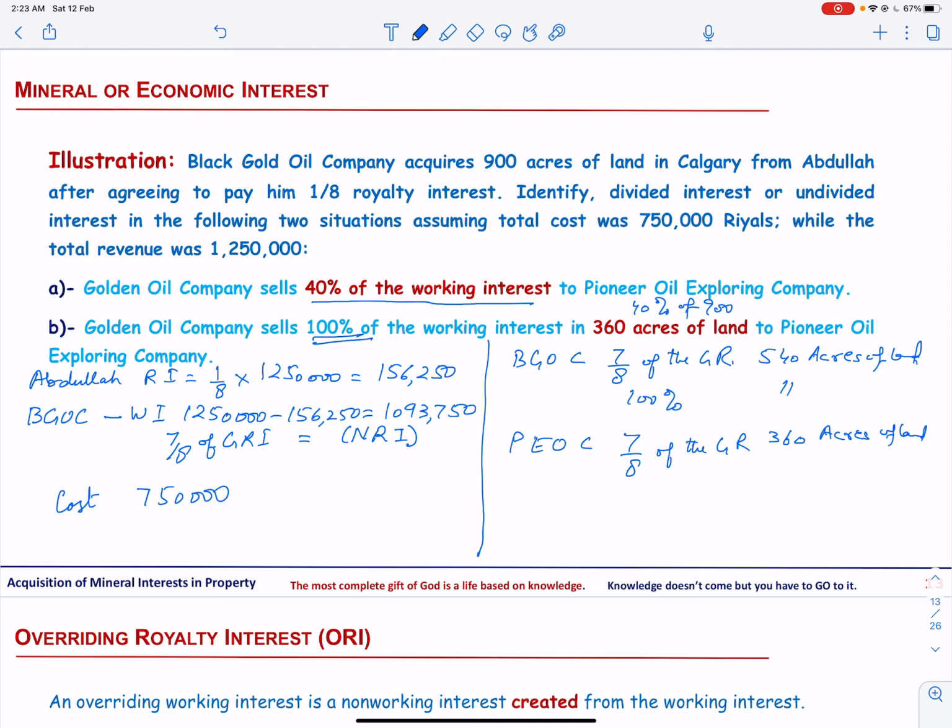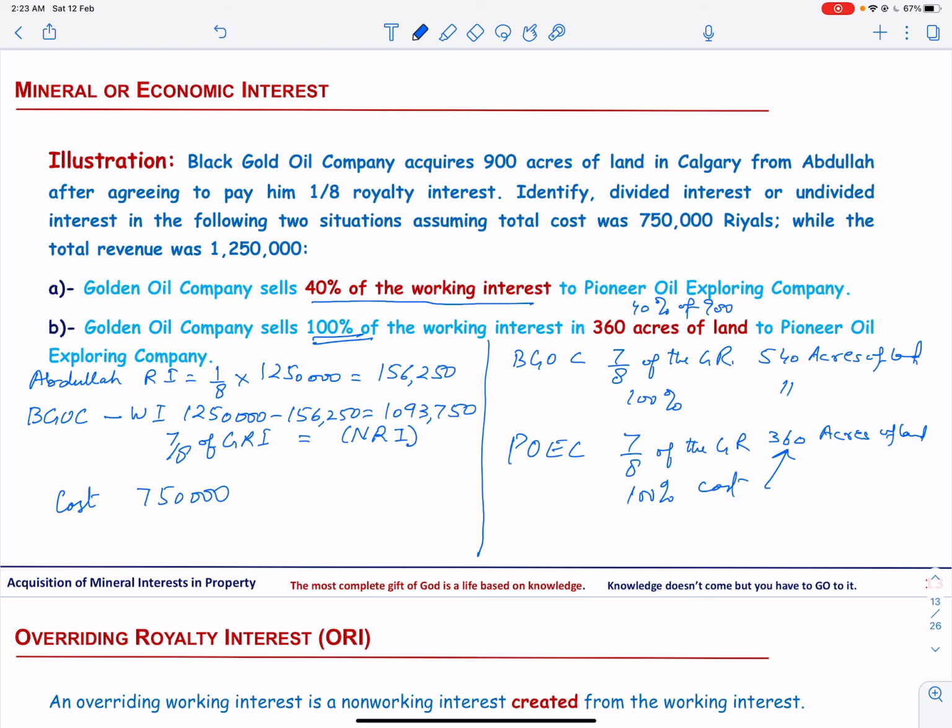And Pioneer Oil Exploring Company, they will bear 100% cost incurred on this land.